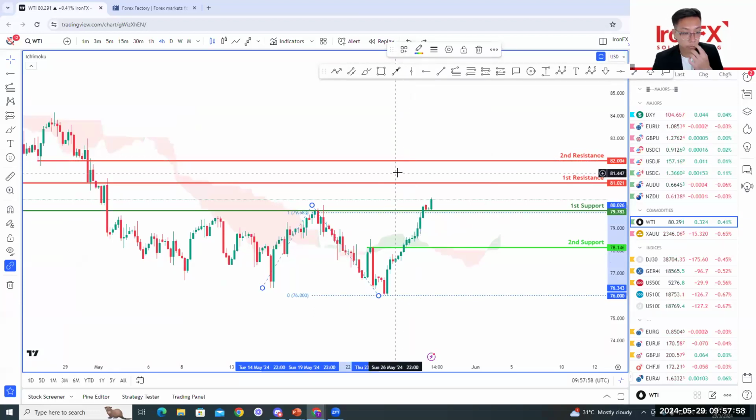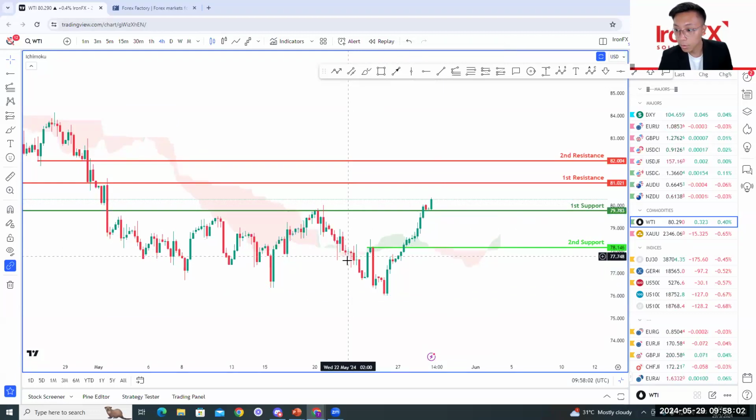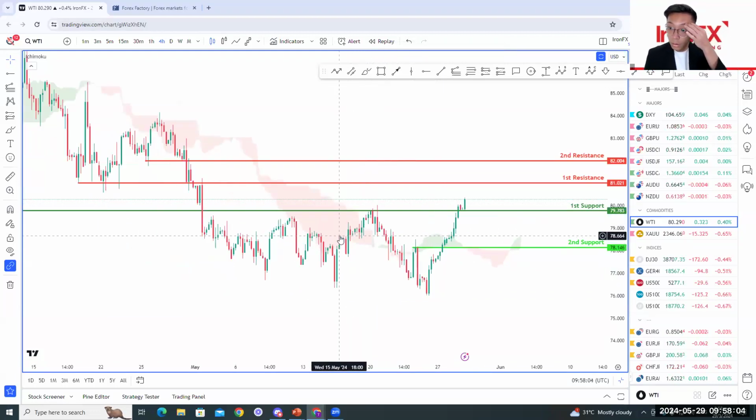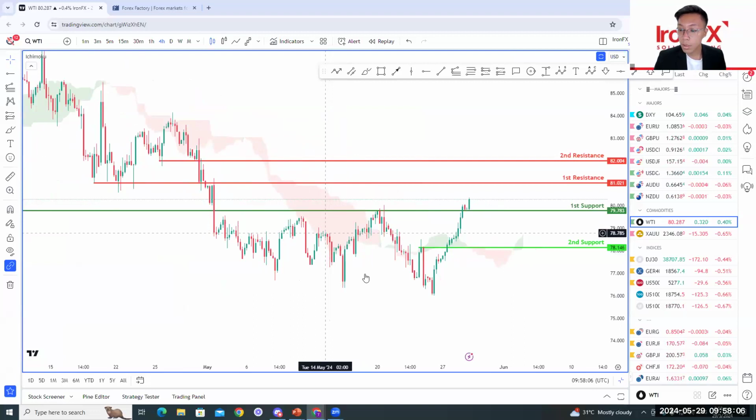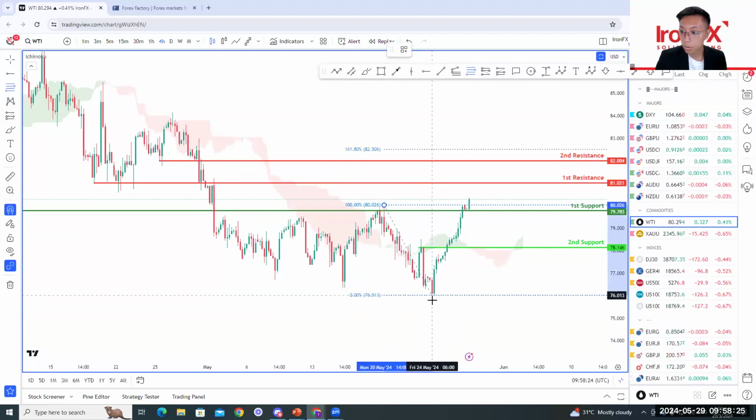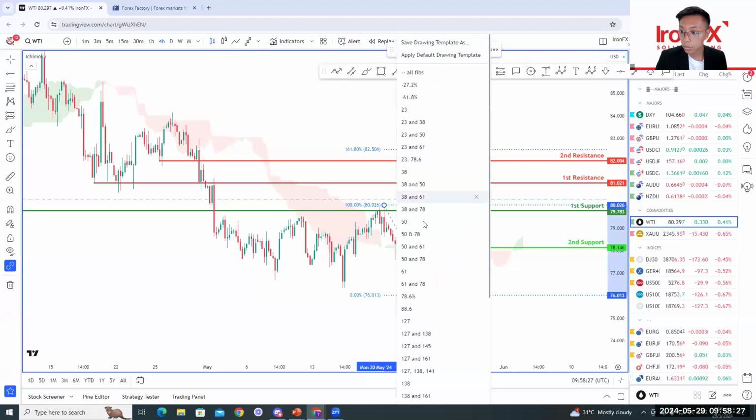Yep, price is very strong now, so I would suggest only looking for buys. All right. Let me see, because I'm not able to draw any Fibo, it just gets broken. Let's see. Draw here. 1, 2, 1.